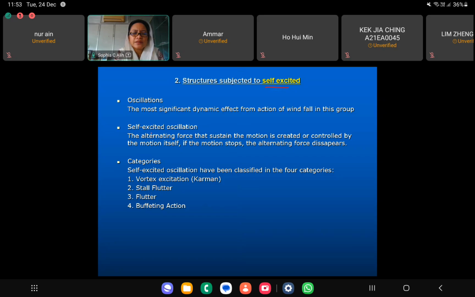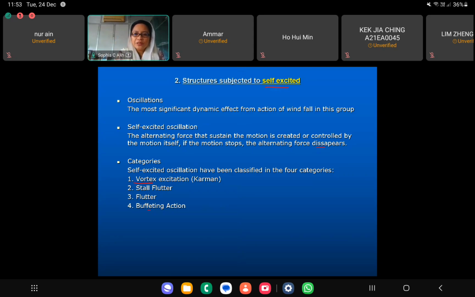And then the self-excited oscillation is the alternating force that sustains the motion, created or controlled by the self-motion. And if the motion stops, the alternating forces also will disappear. And the category which is very common is the vortex. Okay, the vortex. We also have soft flutter and also the buffeting action.